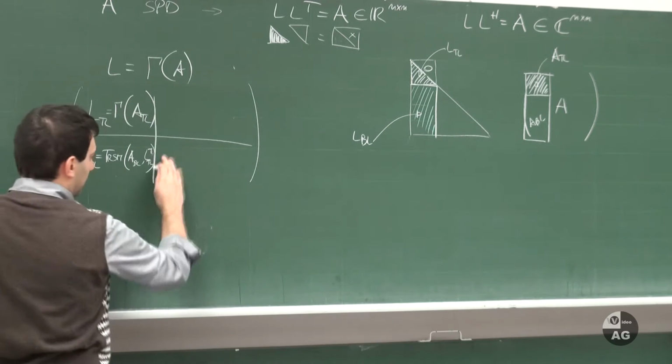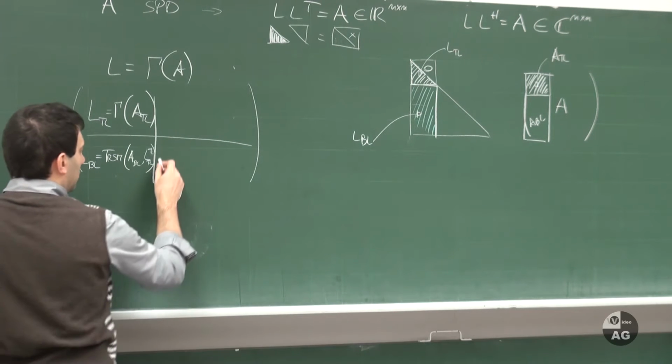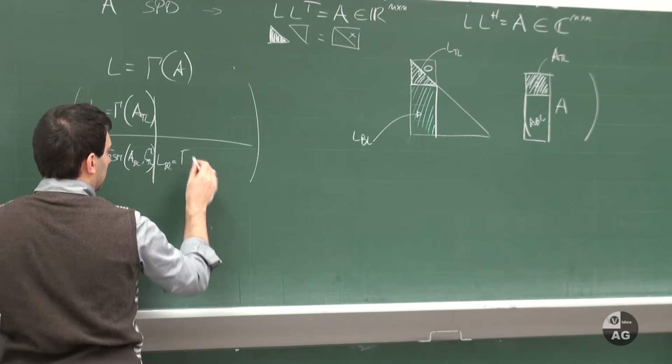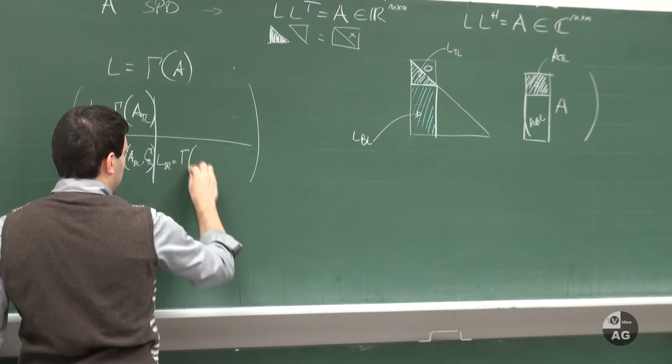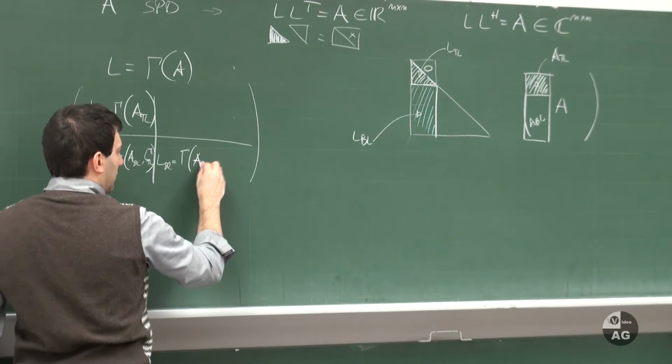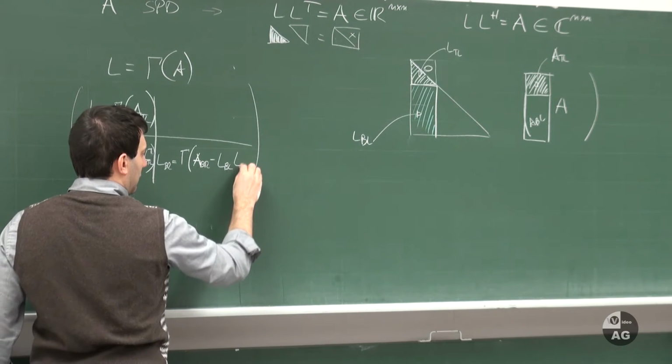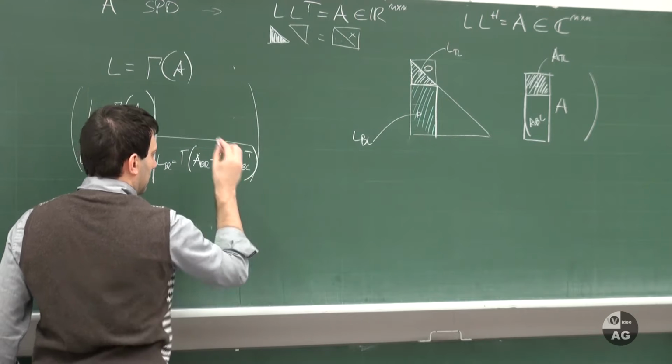Finally, down here, we know that L bottom right is the Cholesky factorization of A bottom right minus L bottom left, L bottom left transpose.